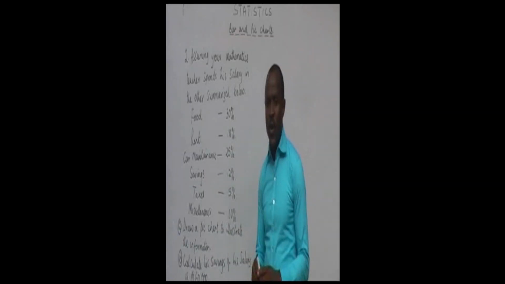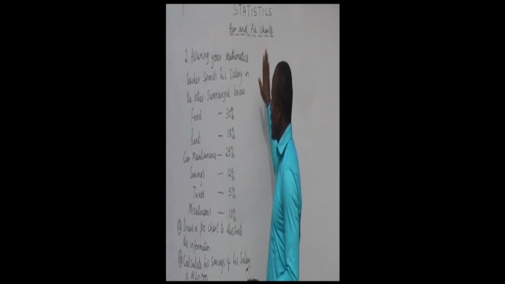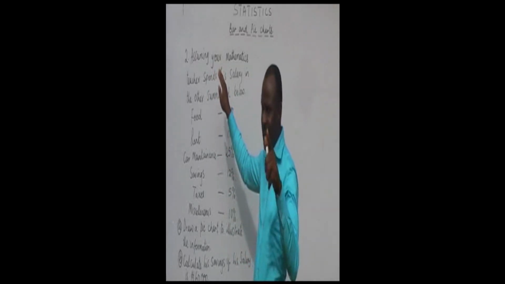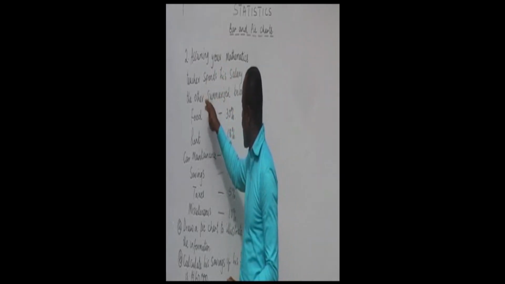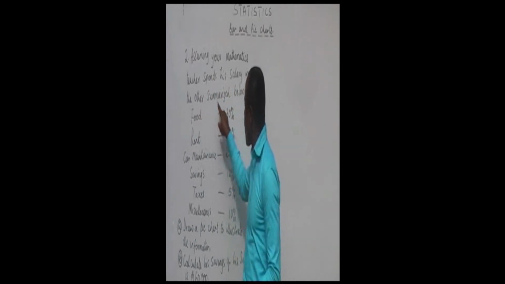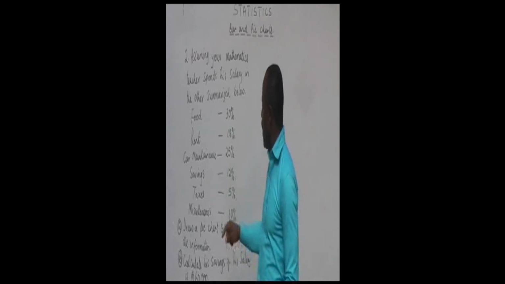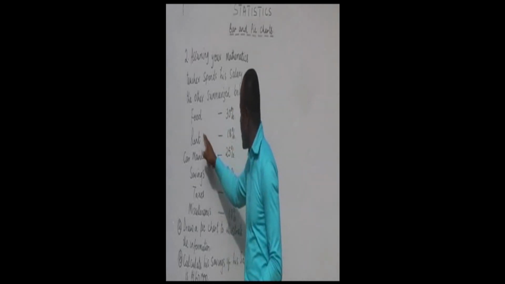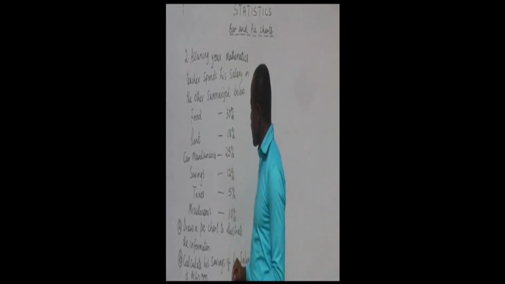Question number 2 on our bar and pie charts says that assuming your mathematics teacher spends his salary in the order summarized below. On food, he spends 30%. On rent, he spends 18%.